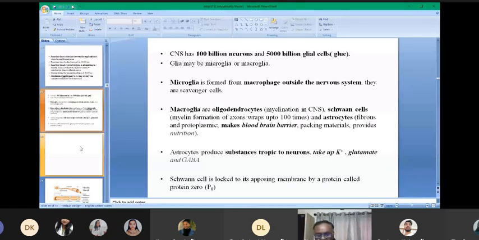They will excite the other nerves. So after their work, they must be engulfed again by the astrocytes. Am I clear up to this? Yes, sir.